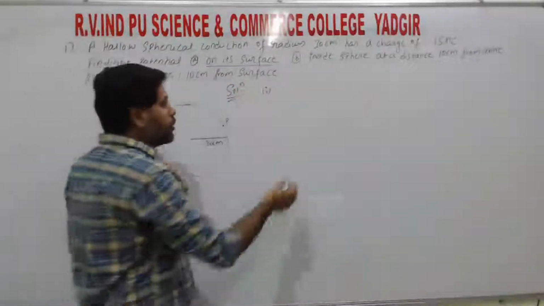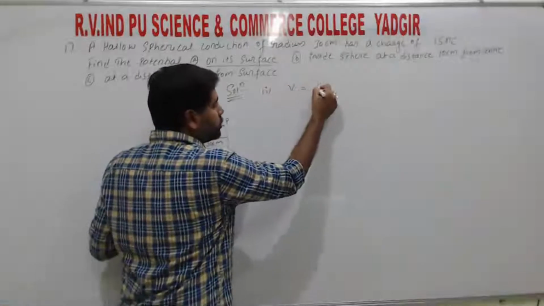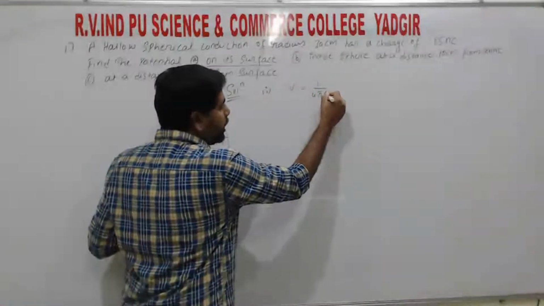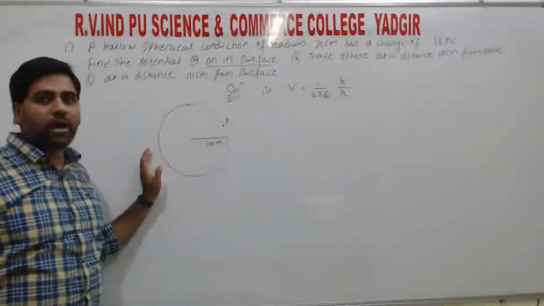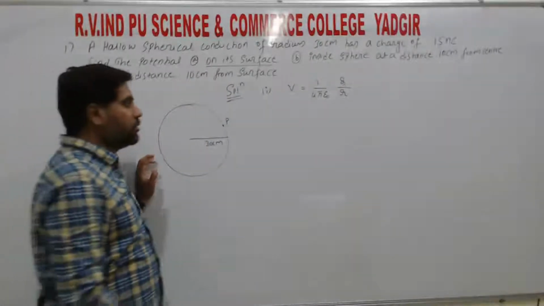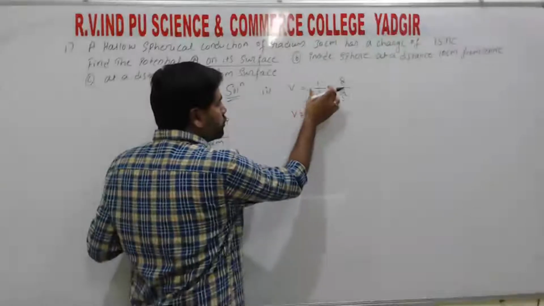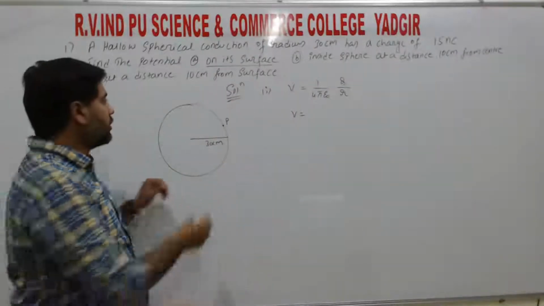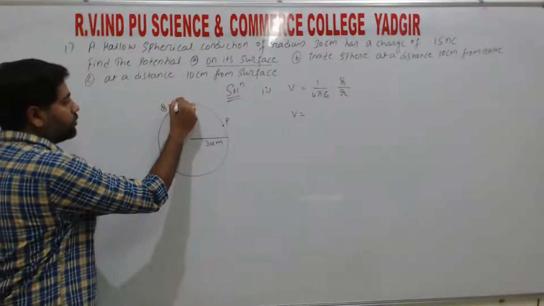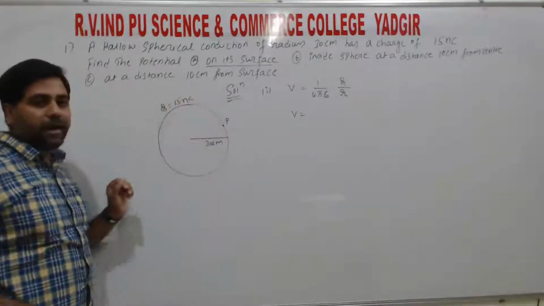For that solution, we know the formula for the potential V, that is equal to 1 divided by 4 pi epsilon naught Q divided by R, where R is the distance. So V is equal to the given charge on the sphere, 15 nanocoulomb.